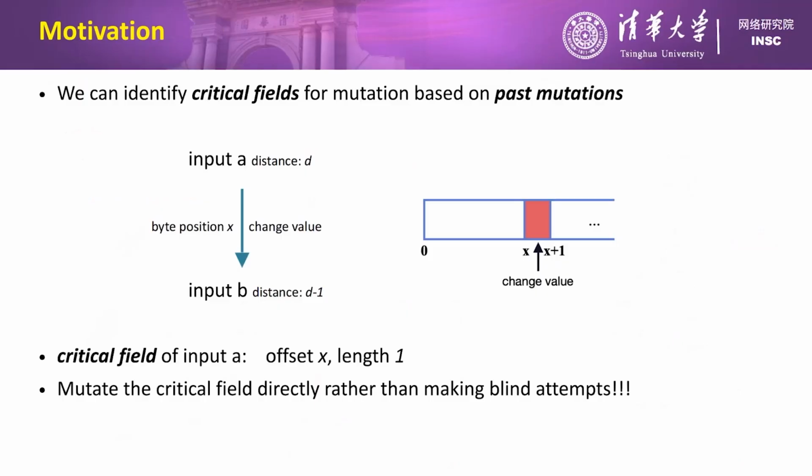So, we can learn some useful knowledge here, which is that the critical field of input A is located at offset X with length 1. With this knowledge, next time when we mutate input A, we may probably mutate the critical field directly rather than making blind attempts.